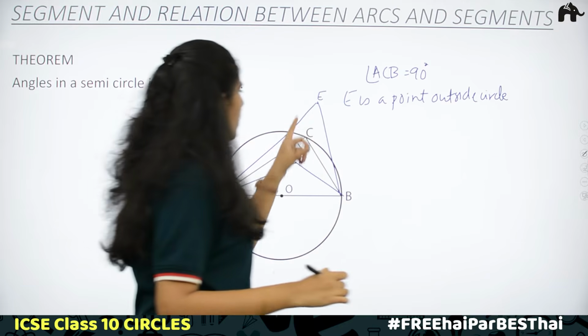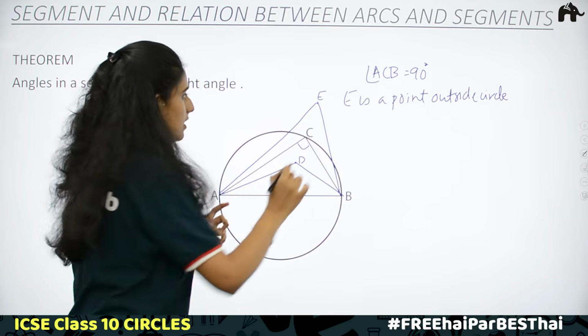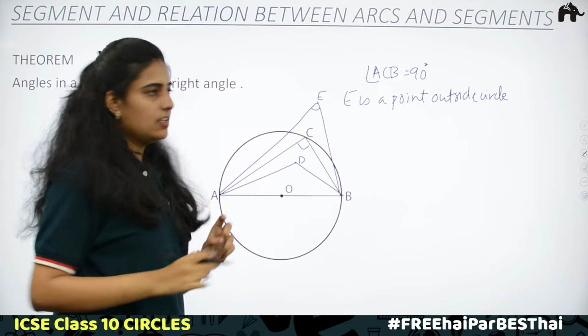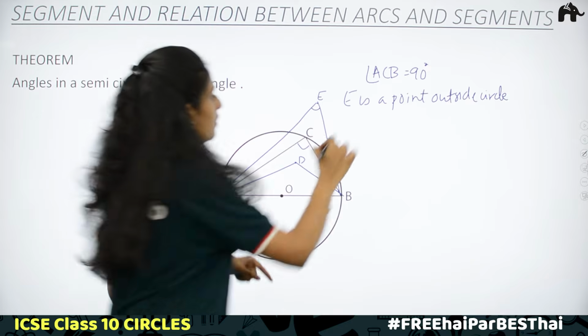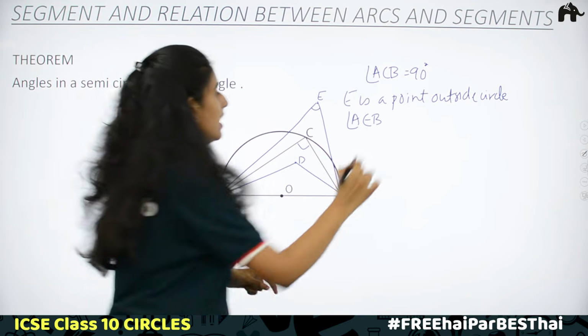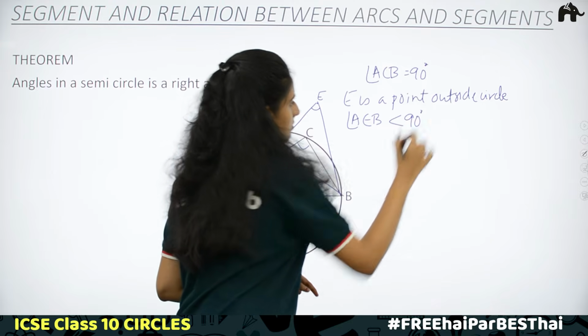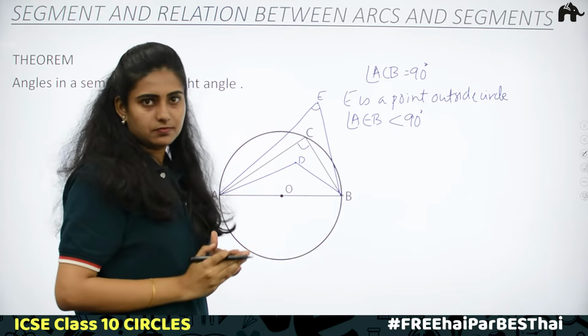Okay. So, when we have a point outside circle and we are forming an angle, what will be the angle measure? When you just look at this figure, it is clear that the measure of AEB will be less than 90 degree. Yes, it is shrinking, right? The angle is becoming small.